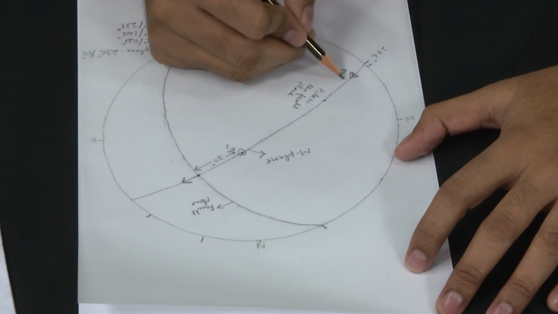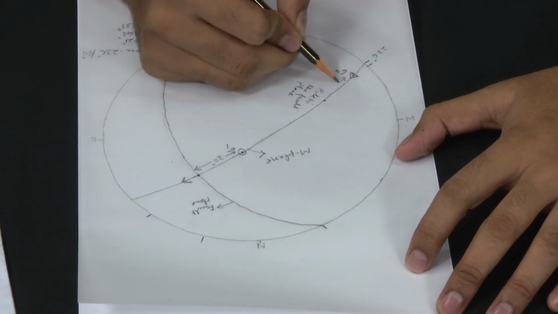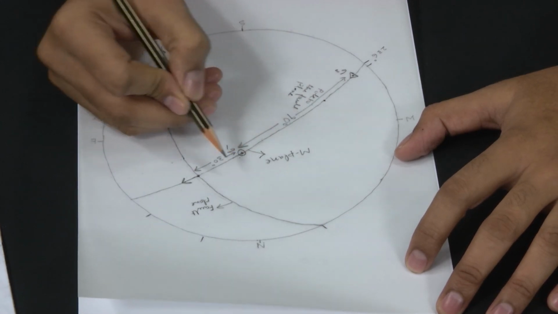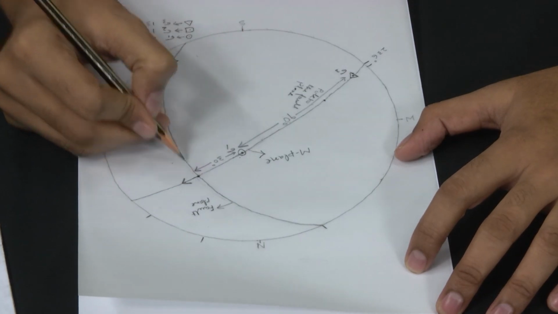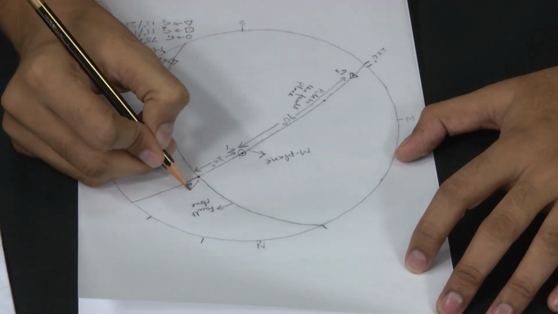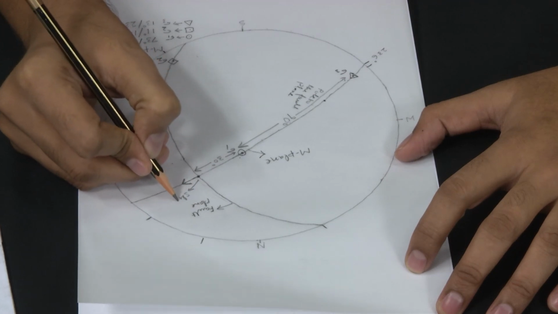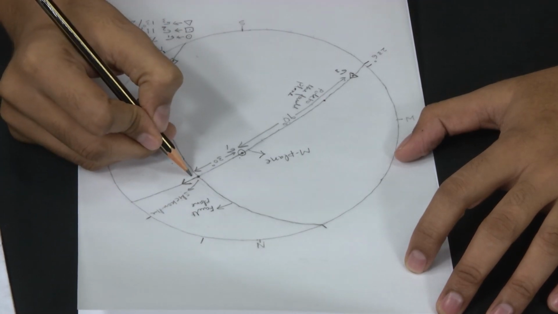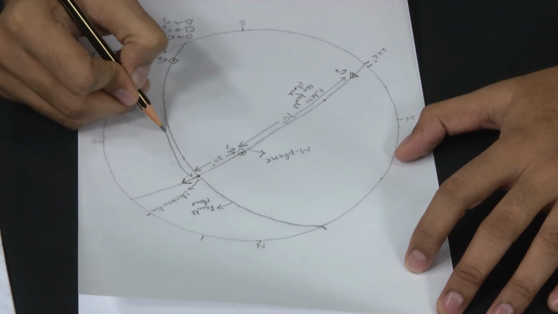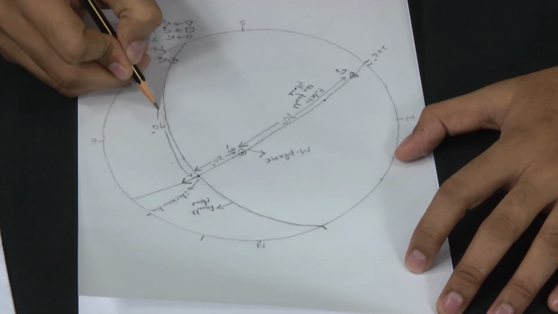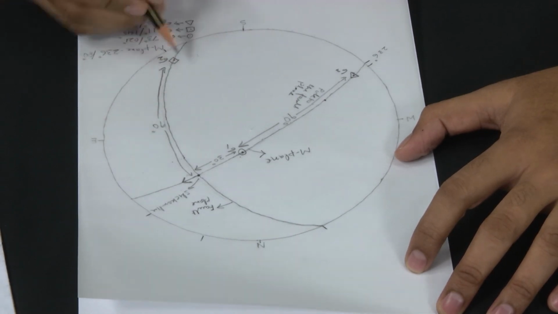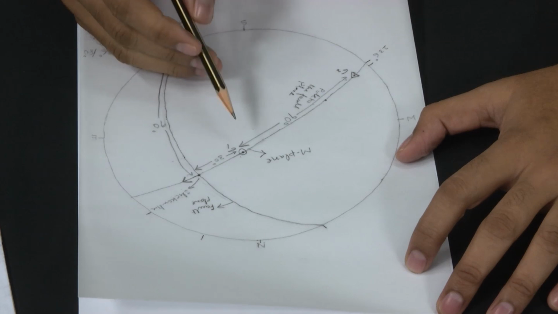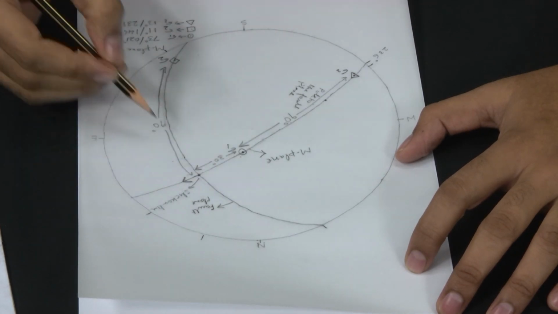Sigma 3 should be 90 degrees from sigma 1 on the moving plane, and sigma 2 should be 90 degrees from this slickenside line, the slickenside on the fault plane. So, through this process we can determine the paleostress of the fault plane.